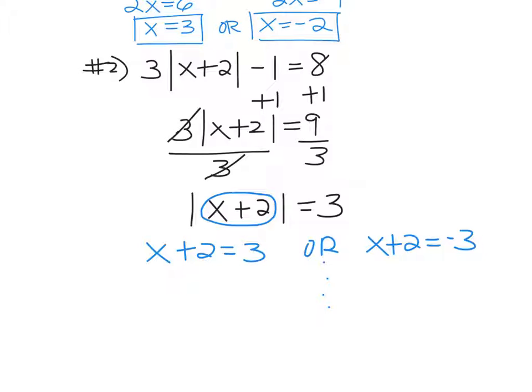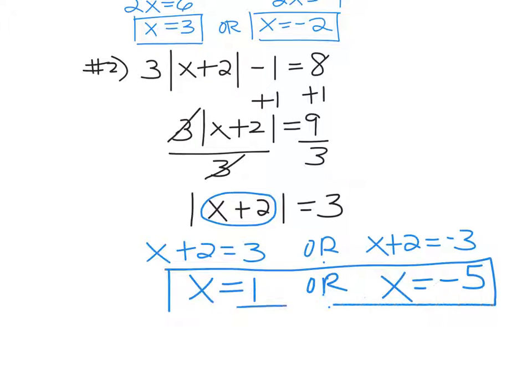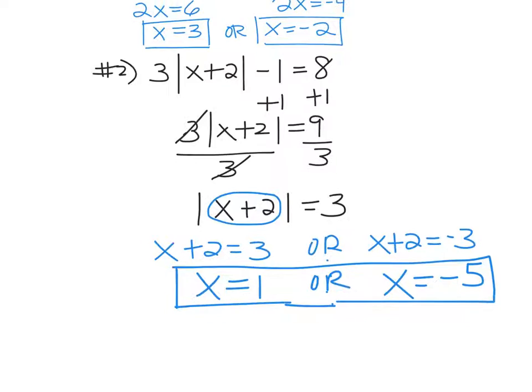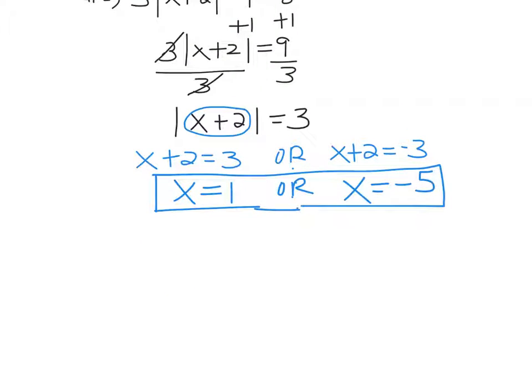So let's solve. x can equal 1, or, oh, I didn't graph that first one, did I? Whoopsie. Or x is equal to negative 5. 2 answers there. Okay, when it says to graph your solutions, this one's kind of lame. I like to graph inequalities because that has an arrow and some stuff going on.